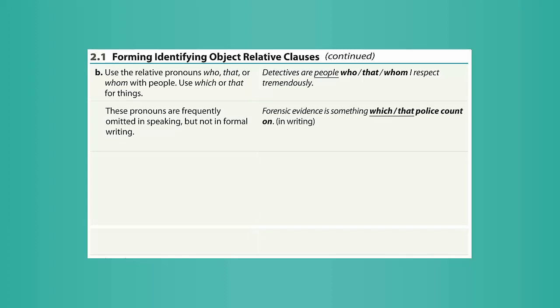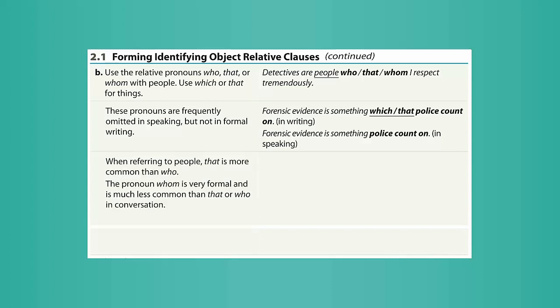For example, in writing we can say: forensic evidence is something which or that police count on. But in speaking we may say: forensic evidence is something police count on. And when referring to people, that is more common than who. The pronoun whom is very formal, and it is much less common than that or who in conversation.